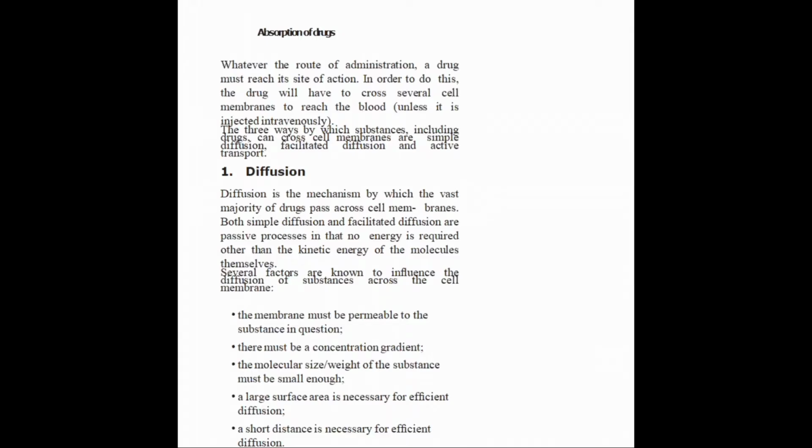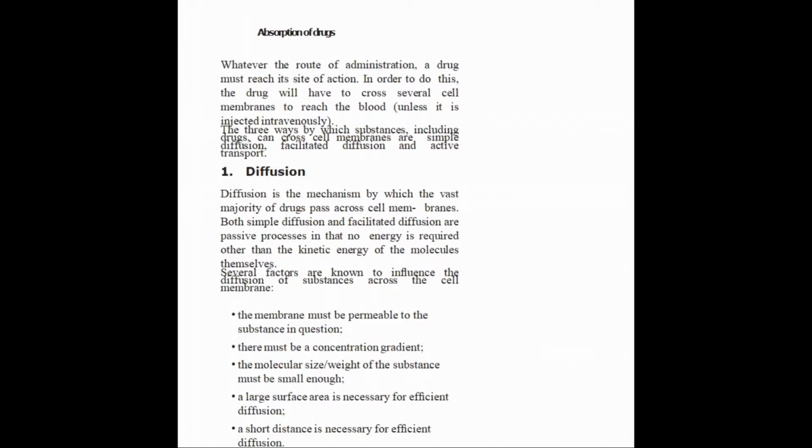Okay, so when we are talking of drug absorption, there are three different types of cell crossing absorption. We have simple diffusion, we have facilitated diffusion, and we have active transport. So what is diffusion? Most drugs pass through diffusion; it is mainly the method the drug uses to go.